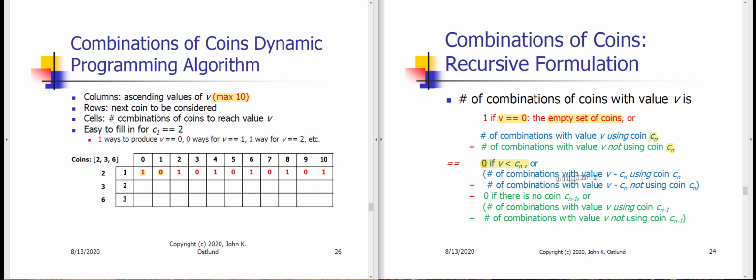So let's see, 4 is not less than 2. So what is the number of combinations of value 2 using the coin with a value of 2? Well, the number of combinations of coins that produce a value 2, we've already computed, and it's 1.